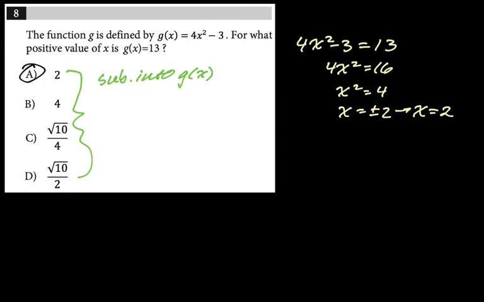But what if you do one of those weird things where you're like, I'm always going to start with D or whatever? I don't know what the logic of that is, or the data analysis that tells some people to do things like that. Then you'd be plugging in a lot of stuff. So for example, if I plugged in B, it would be g of 4 is 4 times 4 squared. That's 4 times 16, which is 64 minus 3, 61. I don't really want to do it, but it'll work. And again, whatever gets you the answer on this thing.